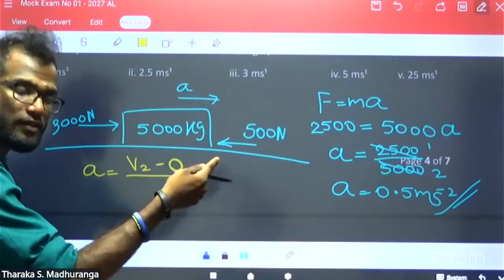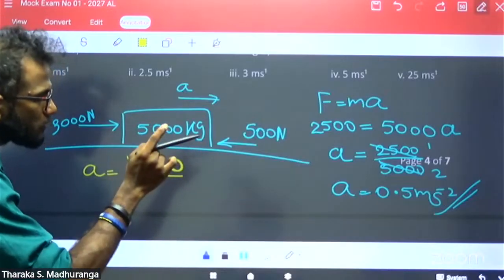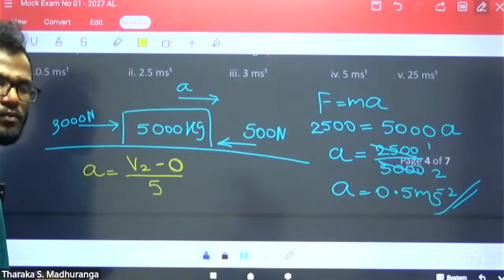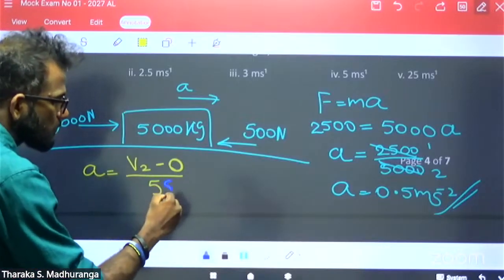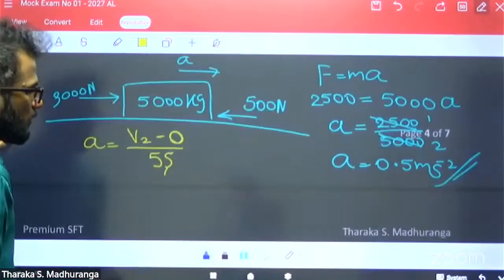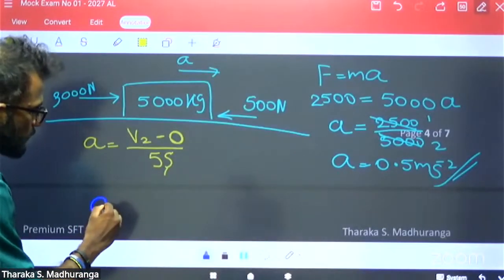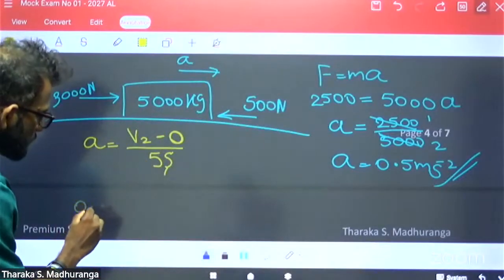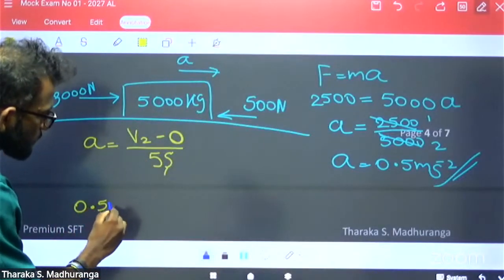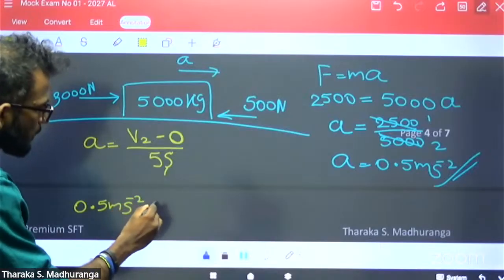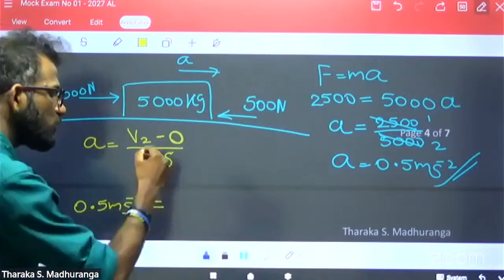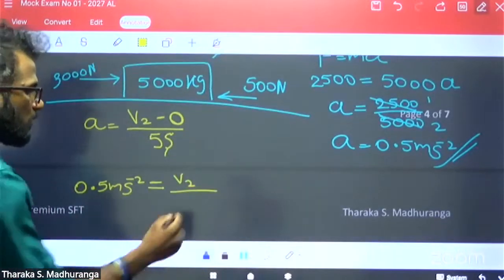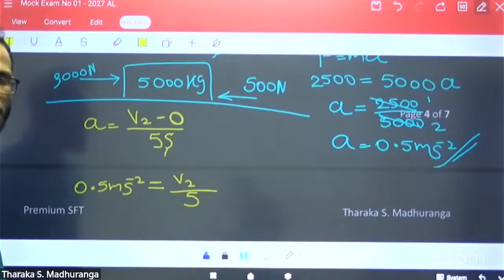You can think again about this type of question, a very good question. And this change happens within 5 seconds. Then the acceleration value 0.5 m/s squared equals v2 minus 0 over 5 seconds.